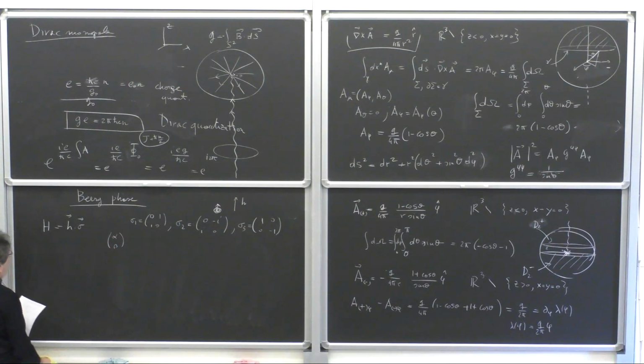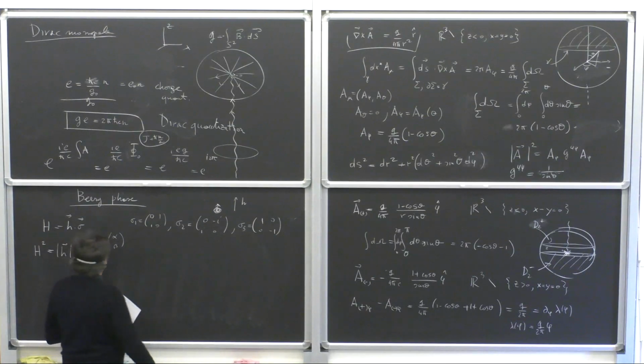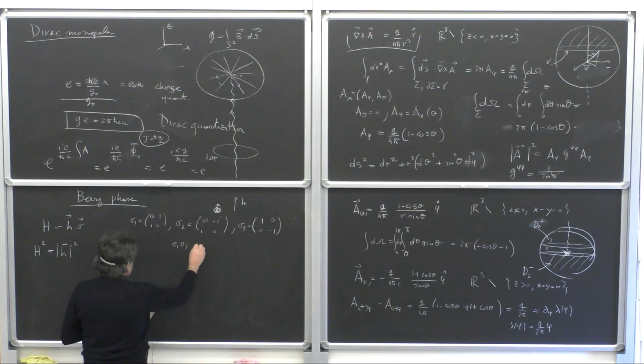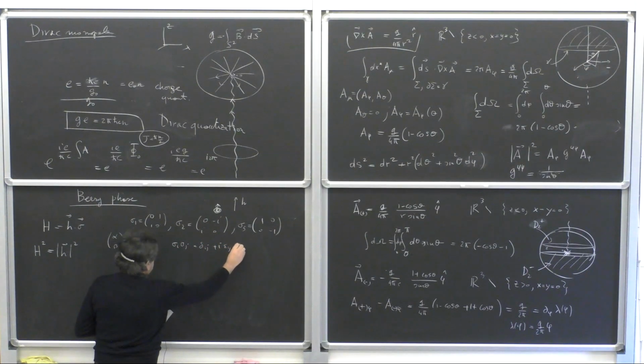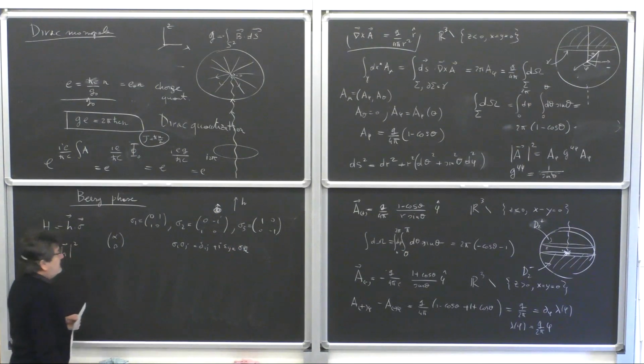Okay, so what are the eigenstates? Well, very easy, because if you take H squared, this makes h squared because of the Pauli matrices. Okay, Pauli matrices: sigma i sigma j equals delta ij plus i epsilon ijk sigma k, that you know, I guess you know.